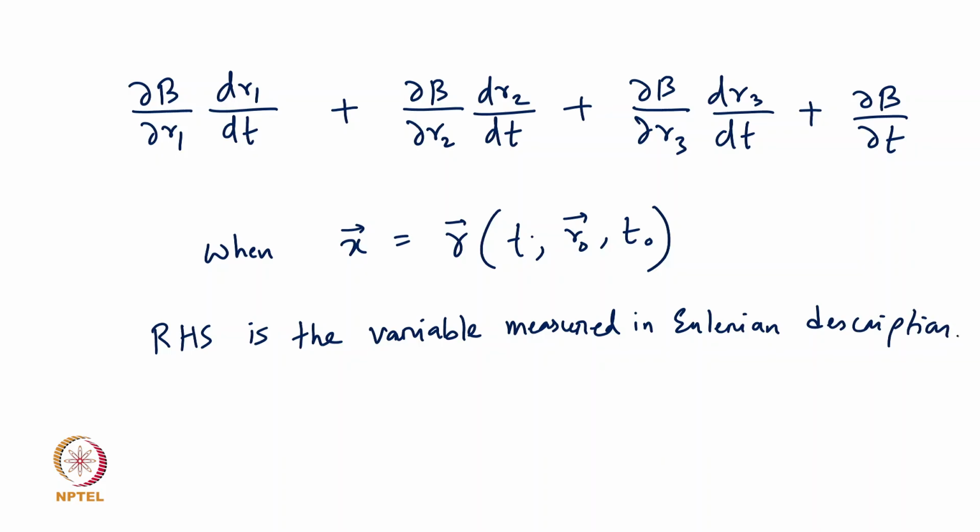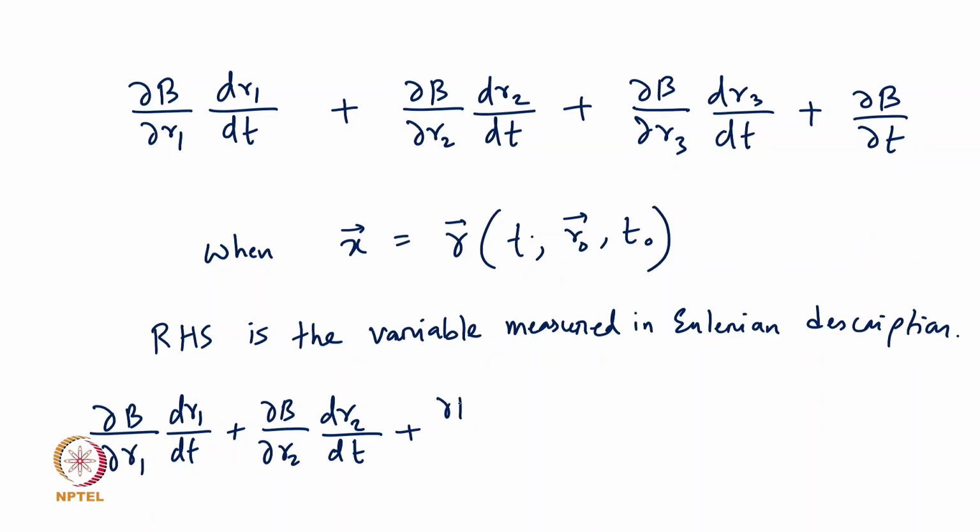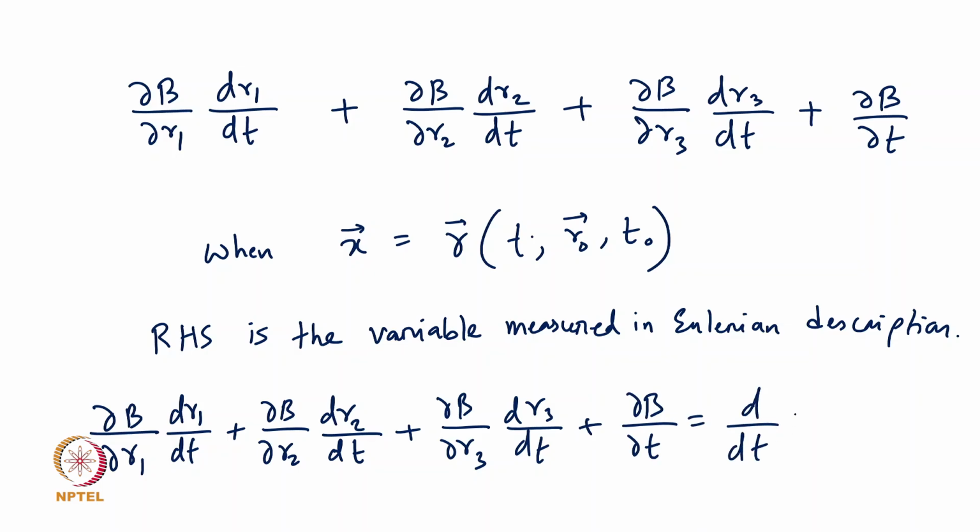Measured in the Eulerian description, just equating both of these: del B del R1 dr1 dt plus del B del R2 dr2 dt plus del B del R3 dr3 dt plus del B del t is equal to d dt of B(x, t) when x equals r.